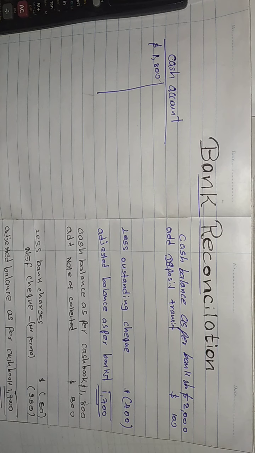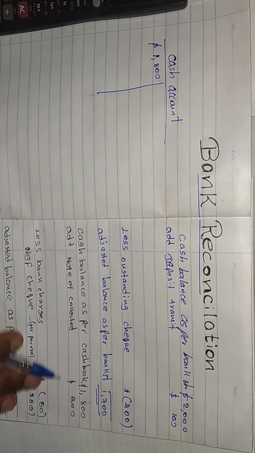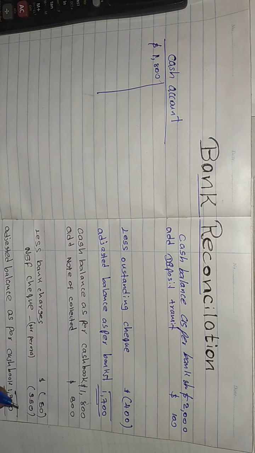We need to make some adjustments. For the note that was collected, we are going to make an adjustment, and for the bank charges.